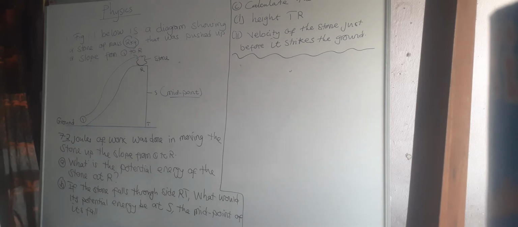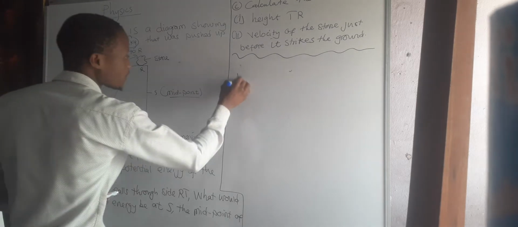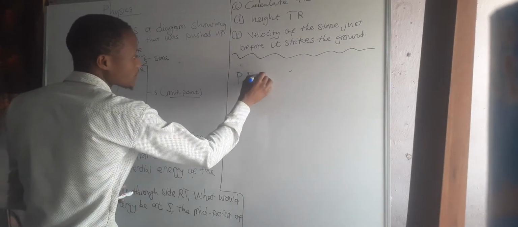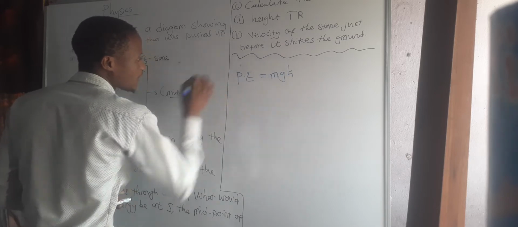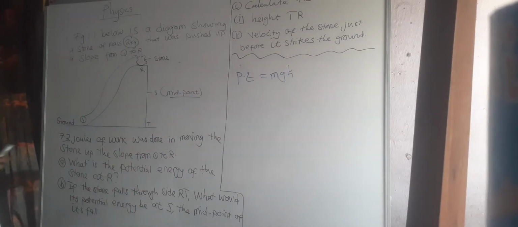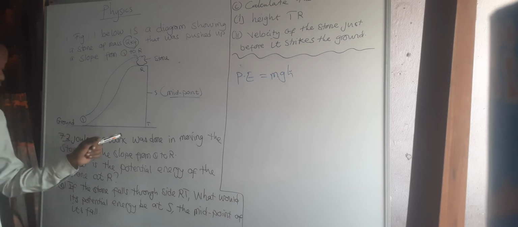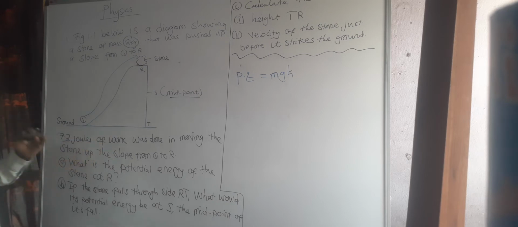Okay, you may be quick in thinking of the formula for potential energy, which is potential energy equals mass times gravity times the height. But in this question, there is no need for you to apply that formula. The only concept you need to know is that the work done on the object is equal to the energy possessed by that object, either potential energy or kinetic energy.